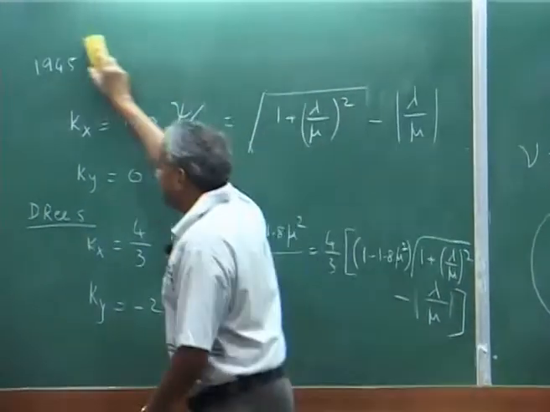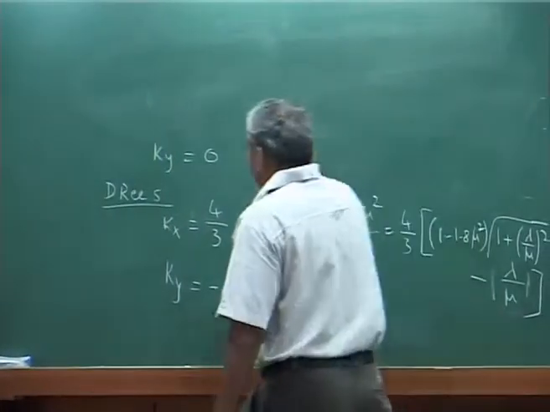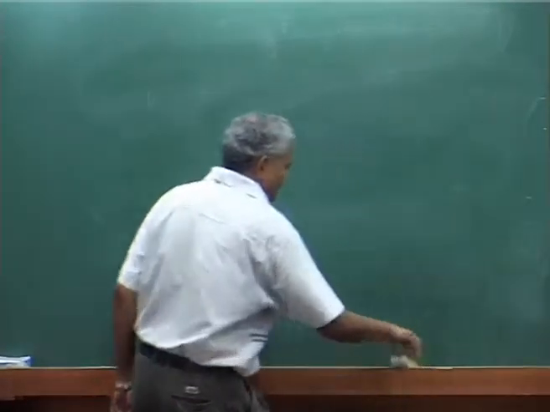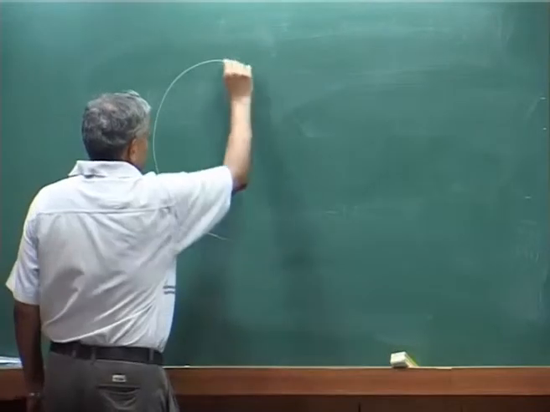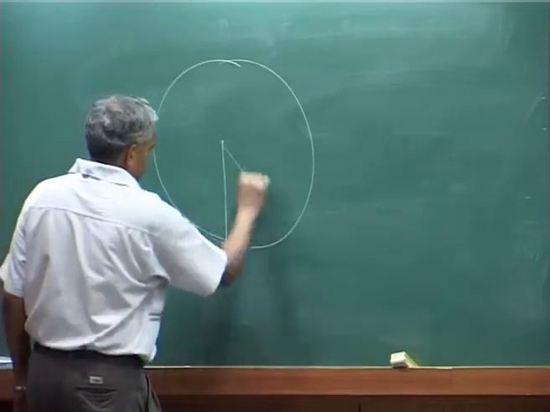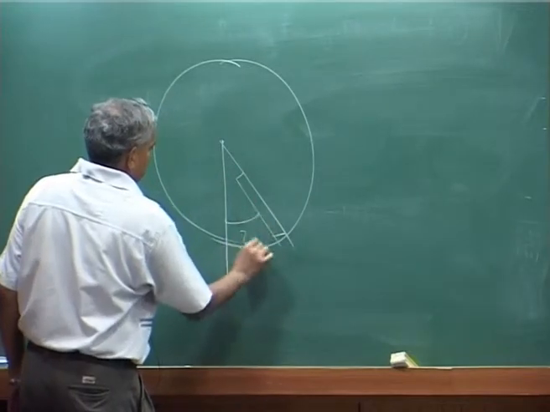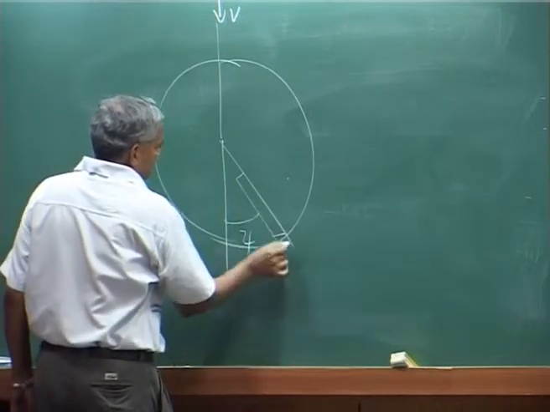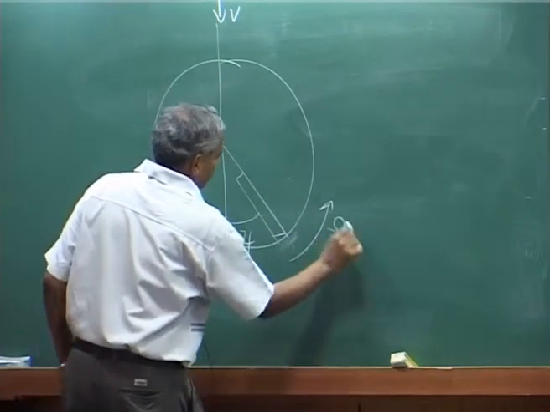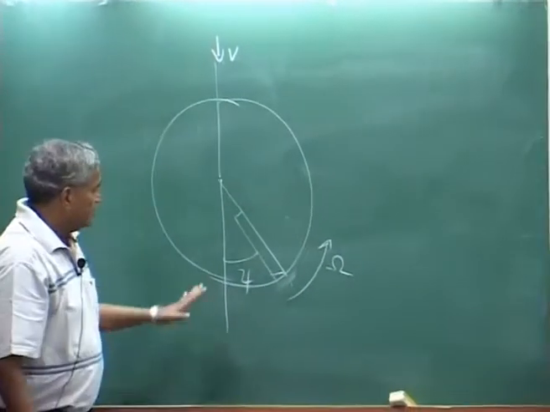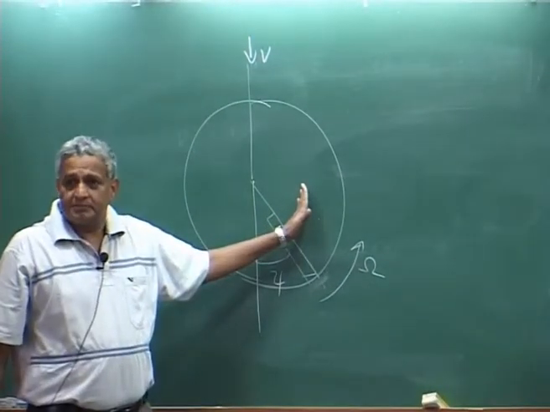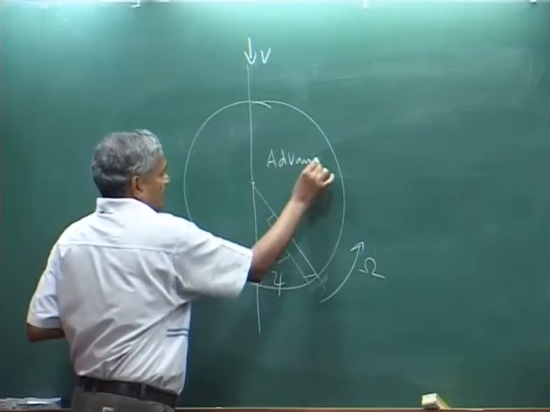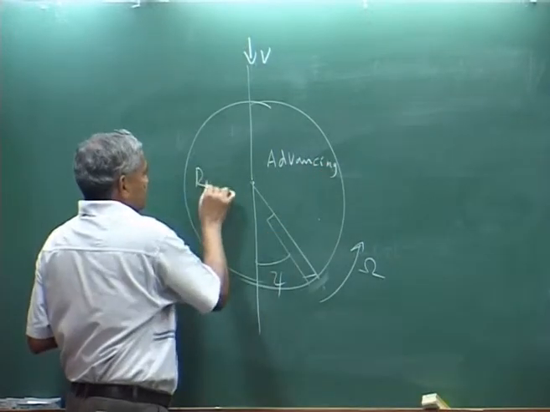Okay. So we said in forward flight, because of time varying flow, this side has more velocity, this is advancing, and this is retreating.